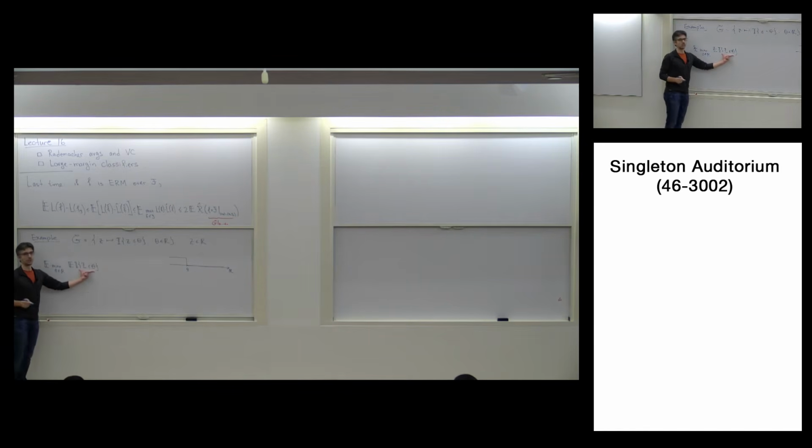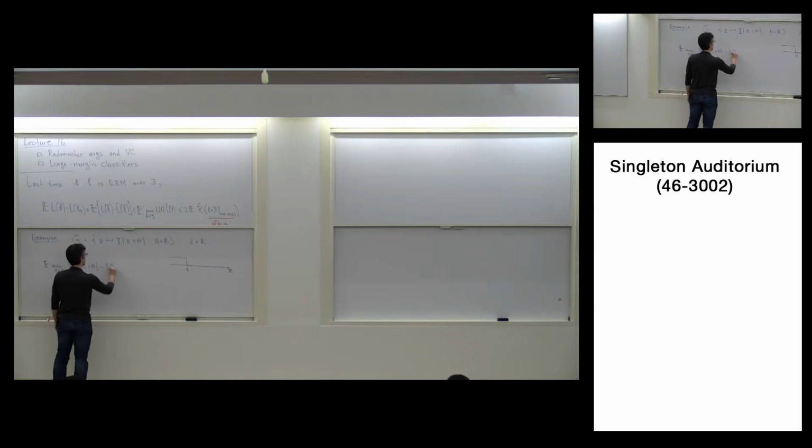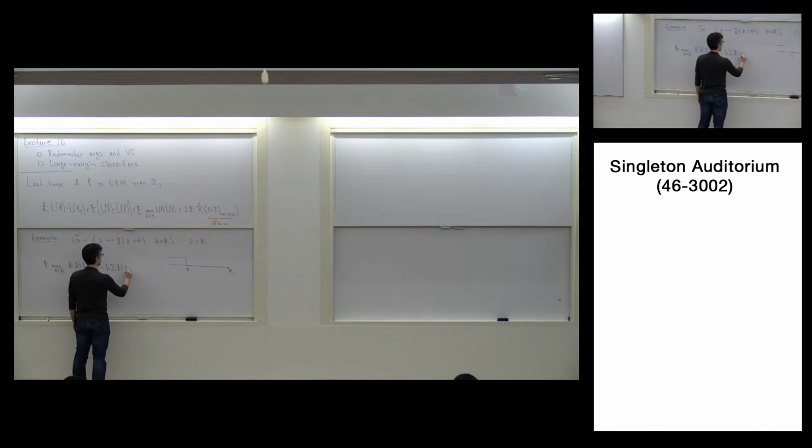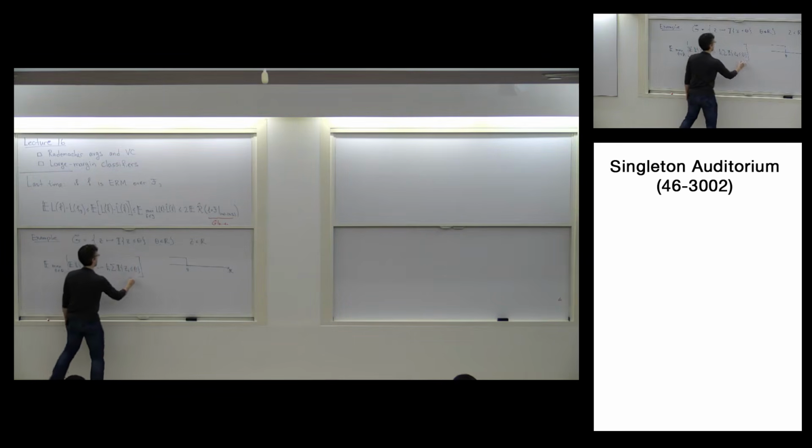Right? This is my g of z in my notation before. Now my g is indexed by theta. Every theta specifies a g. Minus 1 over n, sum of indicator that zi is less than theta.